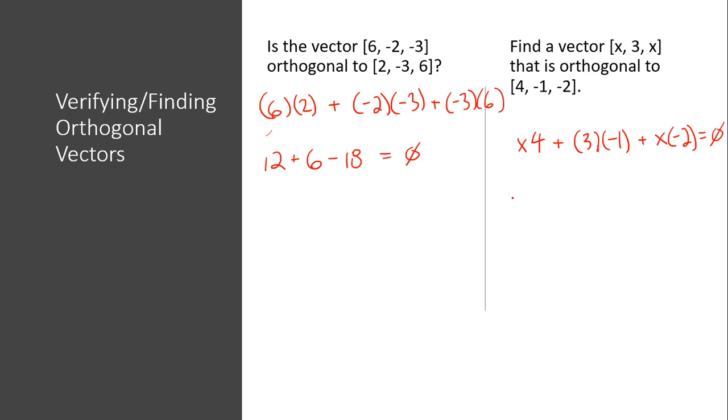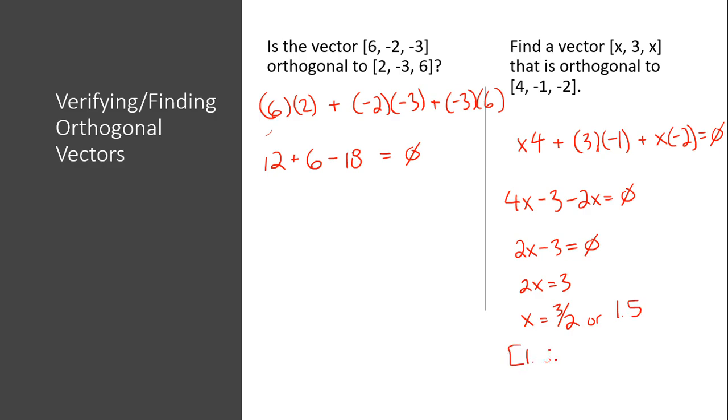So I get, making this look a little better, 4x minus 3 minus 2x equals 0. 2x minus 3 equals 0. 2x equals 3. X equals 3 over 2, or 1.5. So the vector described by 1.5, comma 3, 1.5 will be perpendicular to 4, comma negative 1, comma negative 2.